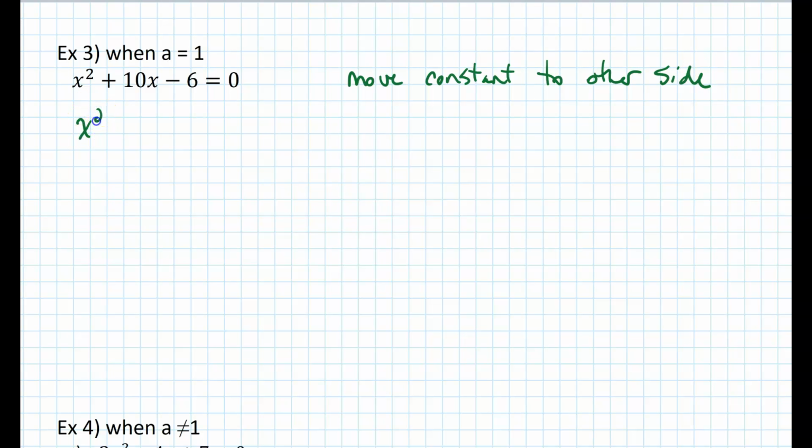So that's going to give us x squared plus 10x is equal to 6. Don't we usually want it equal to 0? Not when we're completing the square.